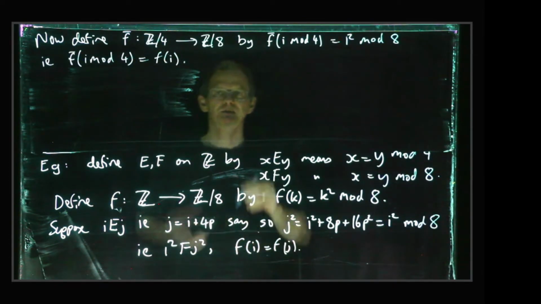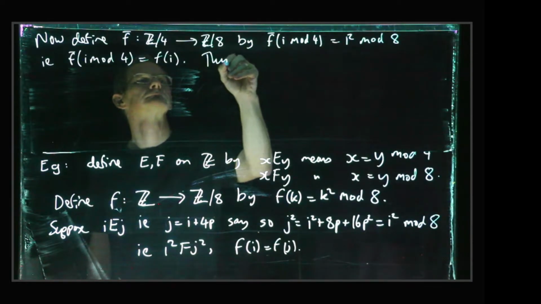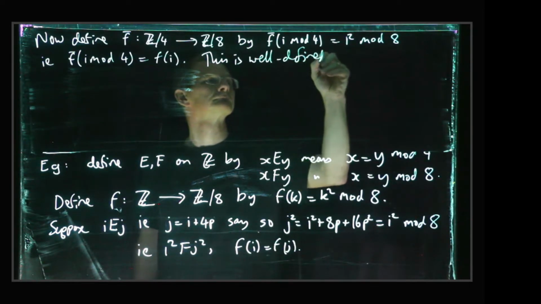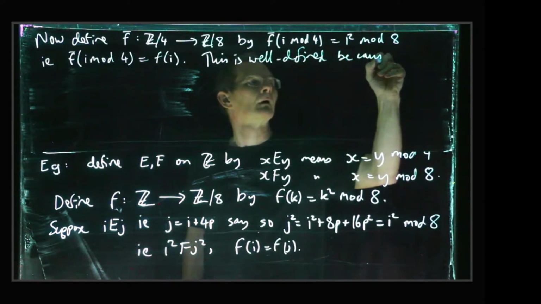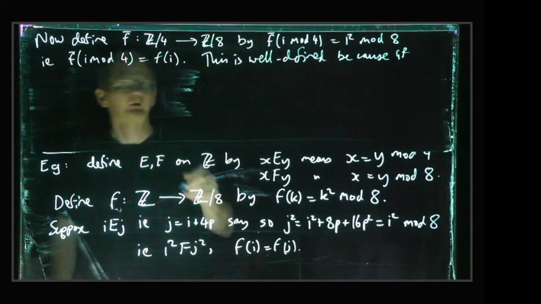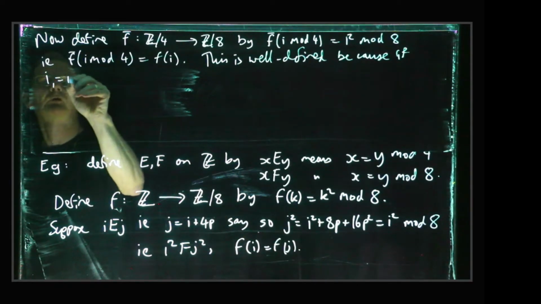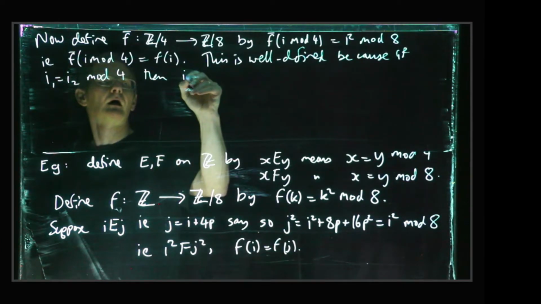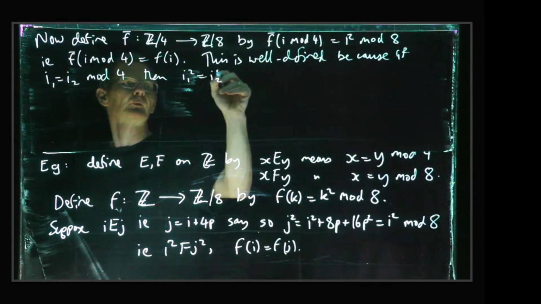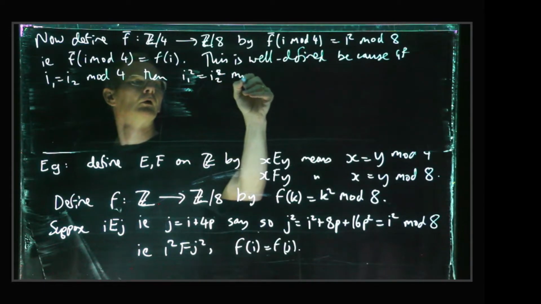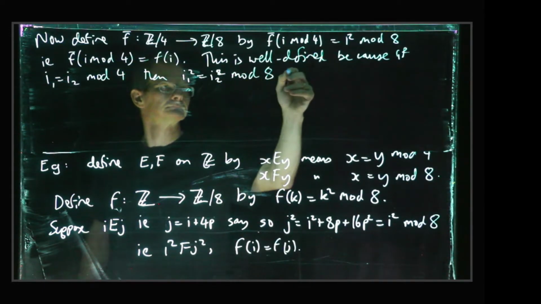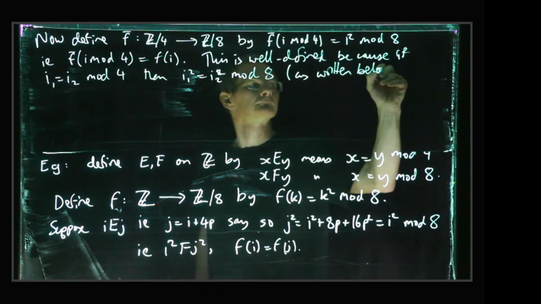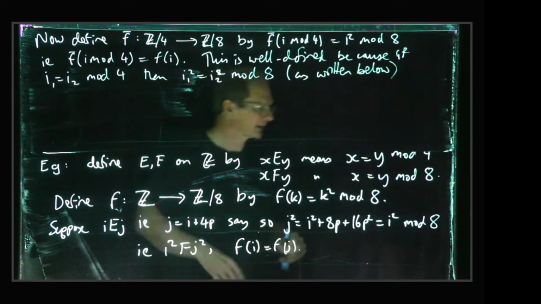Okay, and this is well defined because, if i1 equals i2 mod 4, then i1 squared is the same as i2 squared mod 8, by this thing that we wrote a minute ago.